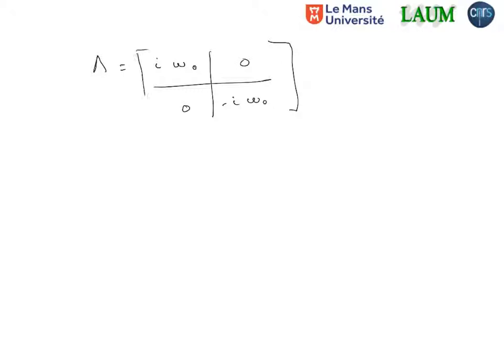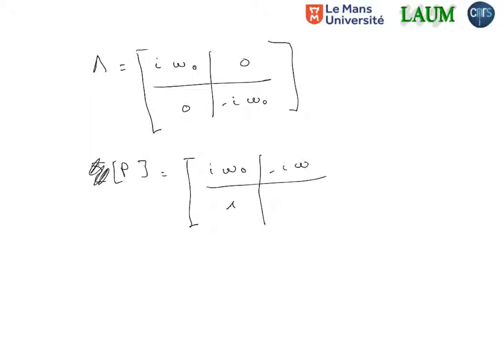So this is my diagonal matrix, and sigma, which is our P, I call it P, is equal to I omega 0, 1 and minus I omega 0, 1. So now we have the diagonalization of the matrix alpha, because we know that alpha is P lambda P minus 1.